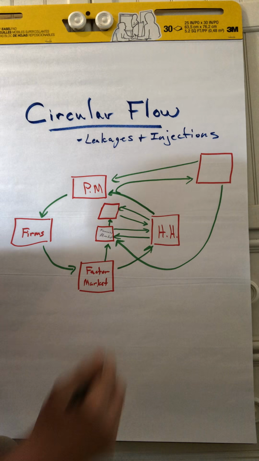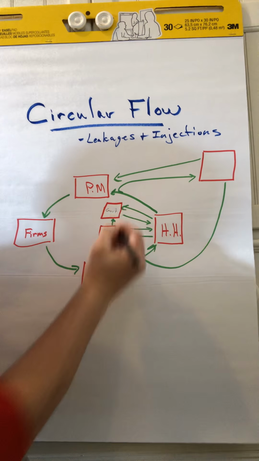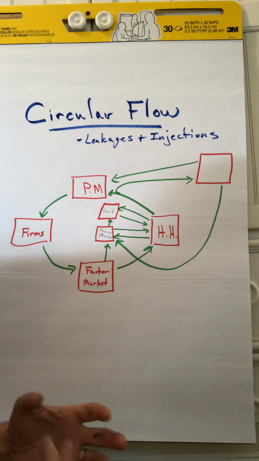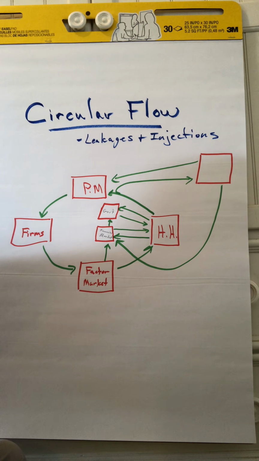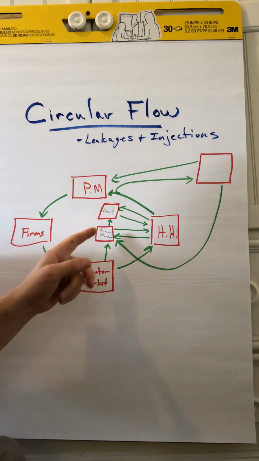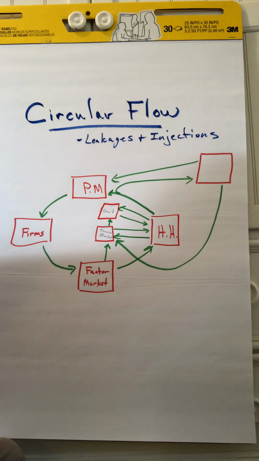The second sector we're going to add is the government. The government definitely buys stuff and transfers money back and forth. So sometimes the government will give money to households, sometimes households will give money to the government, sometimes the financial market will give it to the government, as they're doing right now with what's happening in our economy.